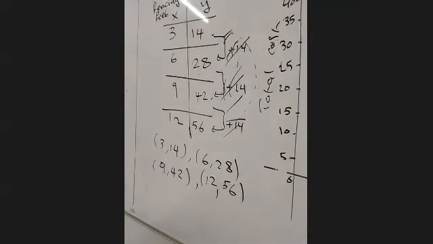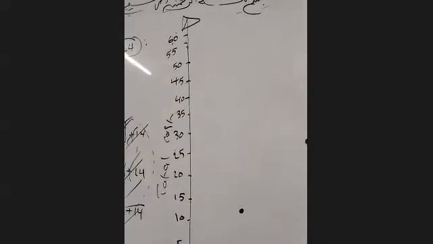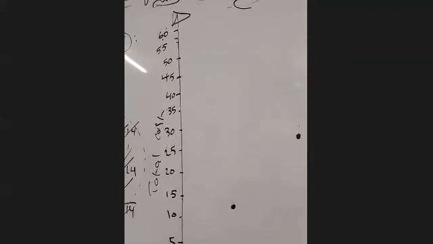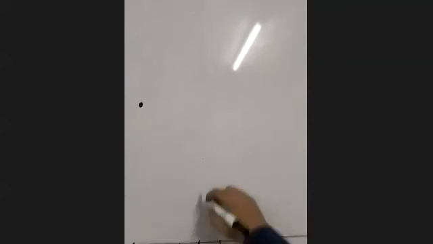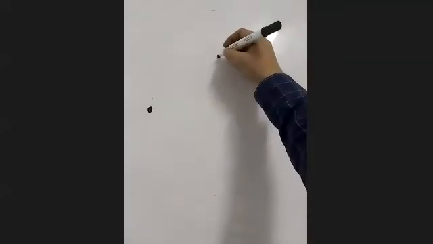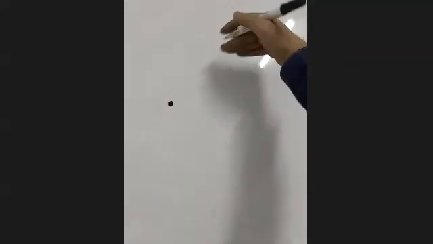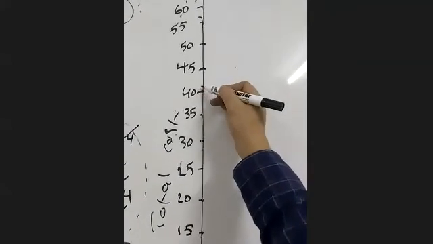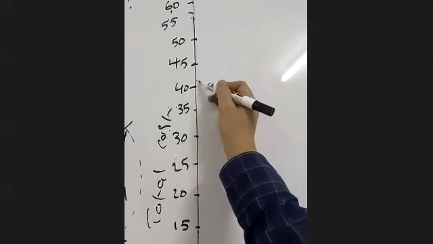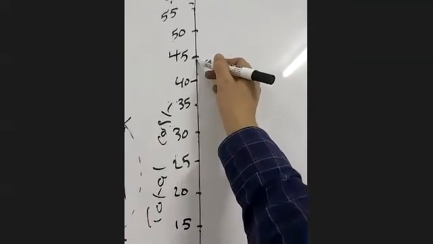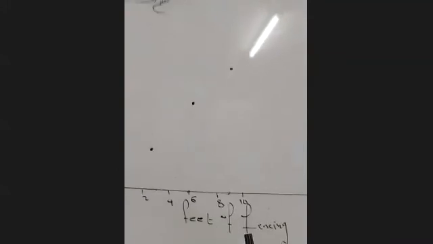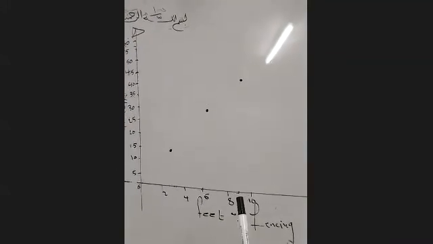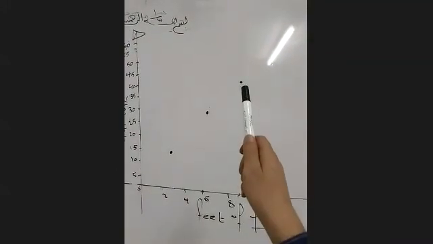And 42 is between 45 and 40. So it's closer to 40, not to 45, right? So I'll go up until I get 42, more than 40 a little bit, not so much. It's approximated. So this is the 9, and I go up over 40 a little bit.